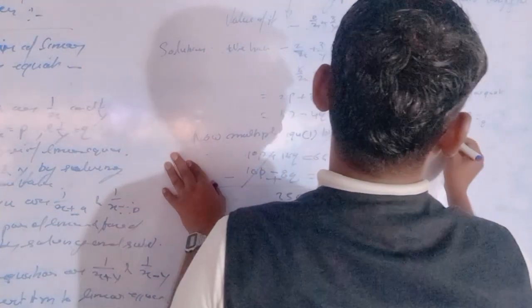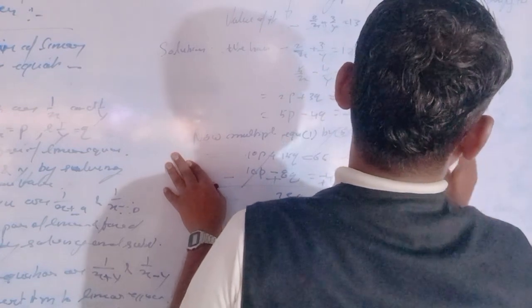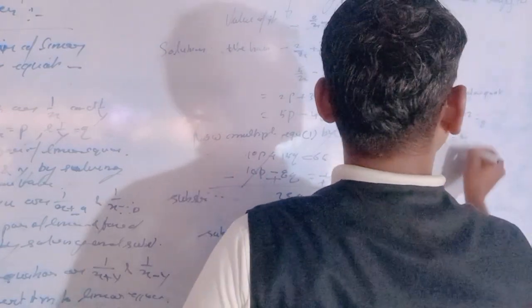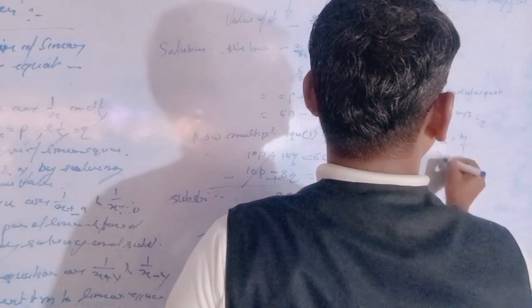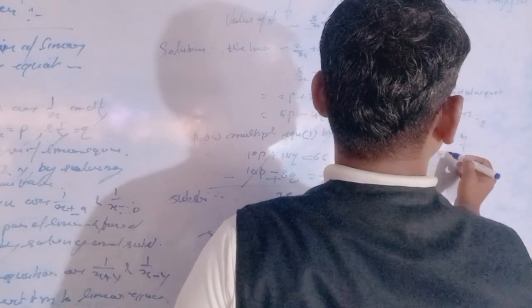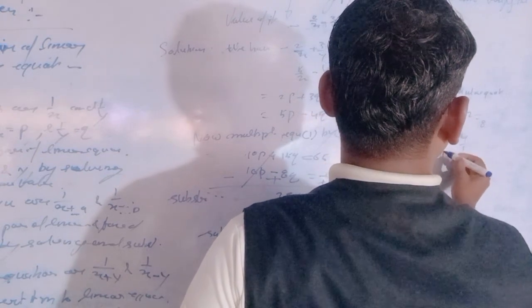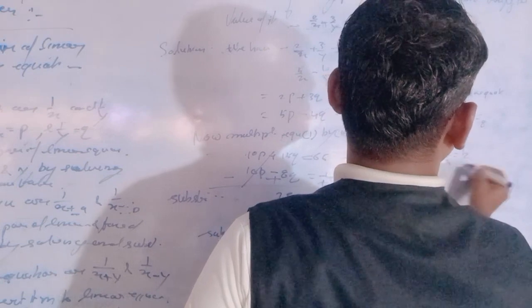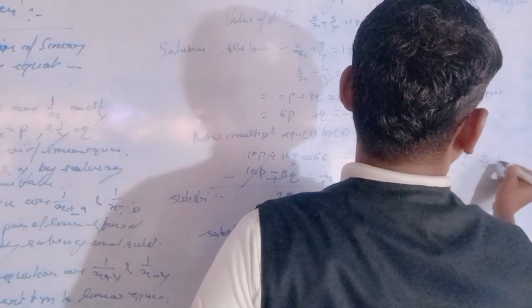So the value of 2 by x is equal to p, and the value of p is 4. So 4x is equal to 2, then x is equal to 2 by 4, that is 1 by 2.